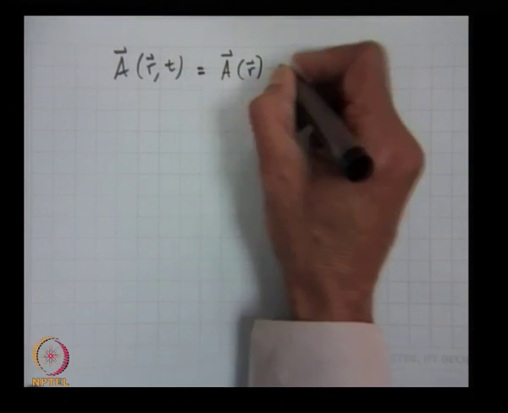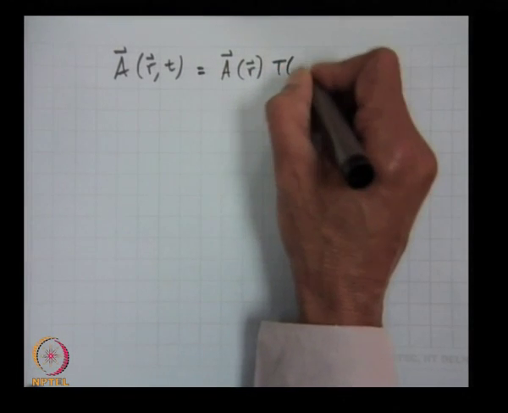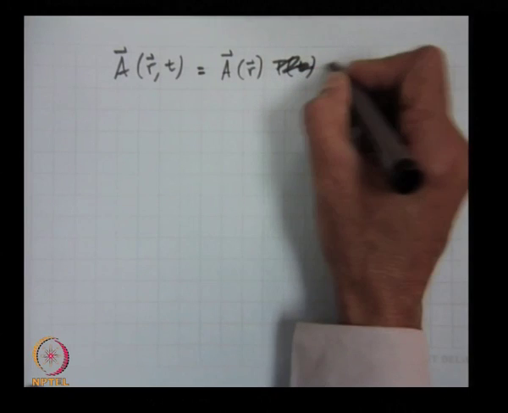So I can write this as some function of r times some function of time. Let me write this q of t.